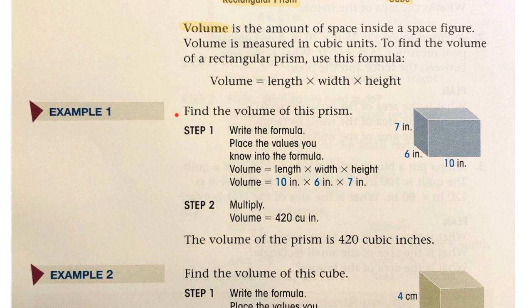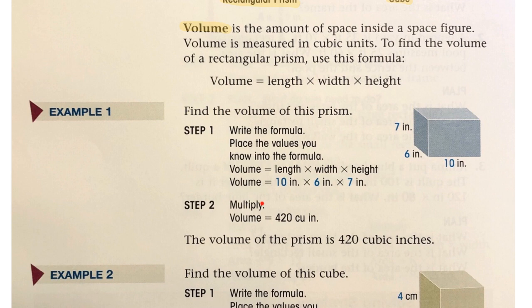For example 1, find the volume of this prism. Write the formula and place the values you know into the formula. So the volume is length times width times height, and the actual numbers for our diagram are 10 for the length, 6 for the width, and 7 for the height.